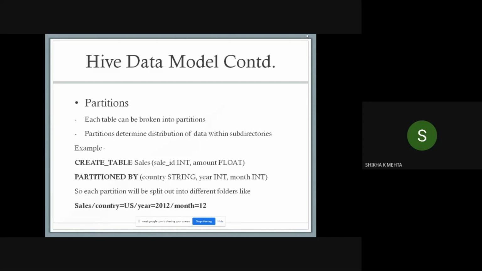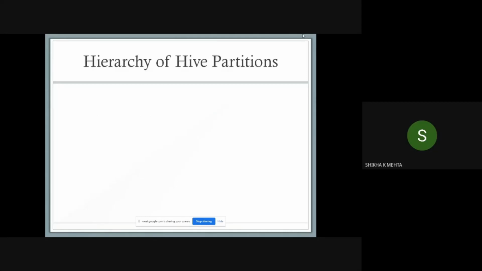So you need not go to the complete table or explore all the other directories. You will be directly moving towards the UP state directory and fetching the information rather than going through each and every row. So if there were 28 states, the processing time for a particular query is reduced to 1 by 28 when the partitions are being done.